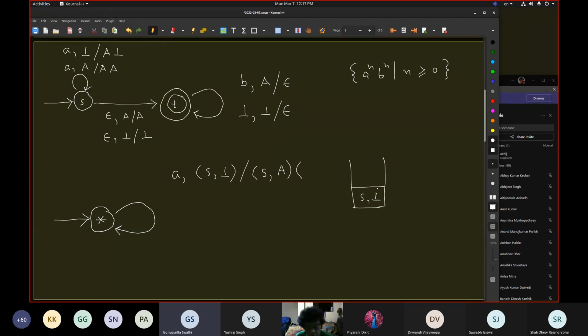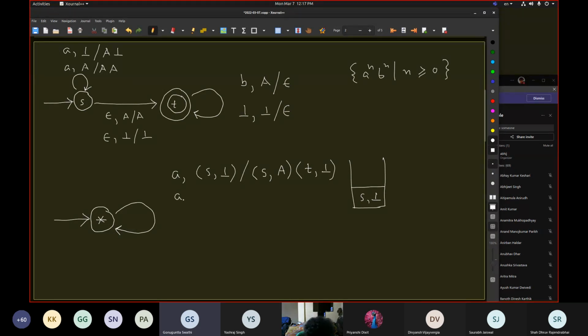It will eventually be popped when I am in state T. Agree? The moment I am pushing something, this thing goes down and I can pop it only in state T, not in state S. But here I have S to indicate that I am still in state S. Not I mean this guy. This guy is still in state S.